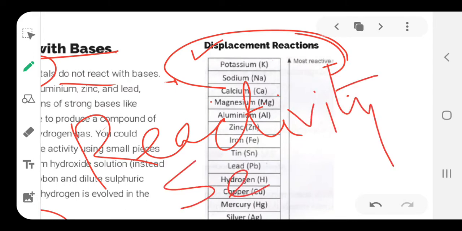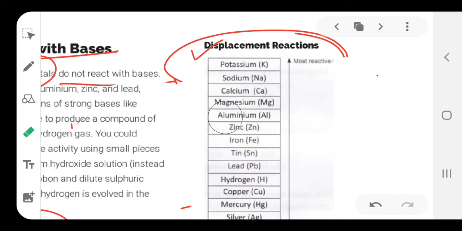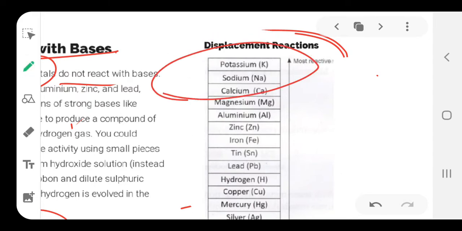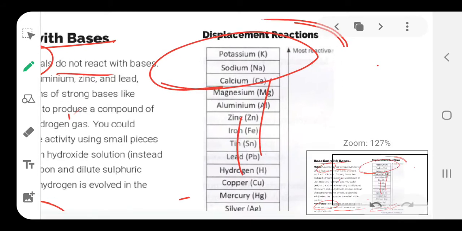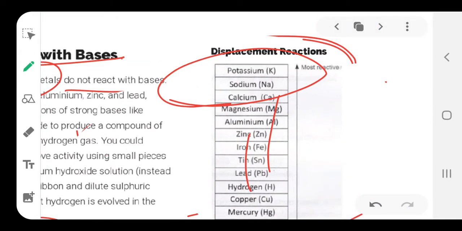So try to learn this series, because without this reactivity series, it is not possible for you to study the topic called displacement reaction. So I again repeat, those who are at the top are the most reactive, while those who are at the base are the least reactive. So this is only the reactivity series for metals, make sure.